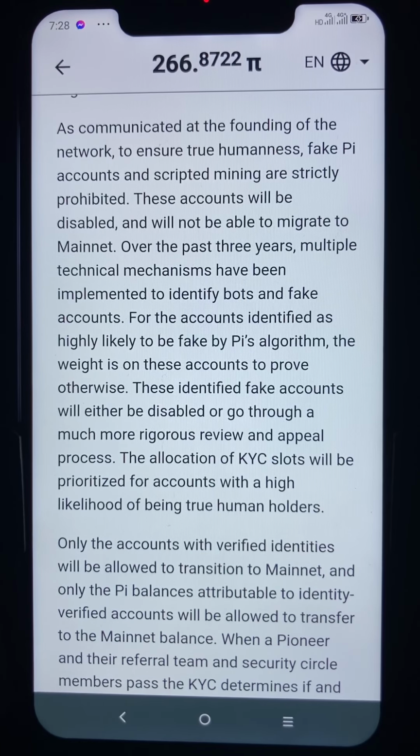Over the past 3 years, multiple technical mechanisms have been implemented to identify bots and fake accounts. For the accounts identified as highly likely to be fake by Pi's algorithm, the weight is on these accounts to prove otherwise. These identified fake accounts will either be disabled or go through a much more rigorous review and appeal process. The allocation of KYC slots will be prioritized, and accounts with a high likelihood of being true human holders.